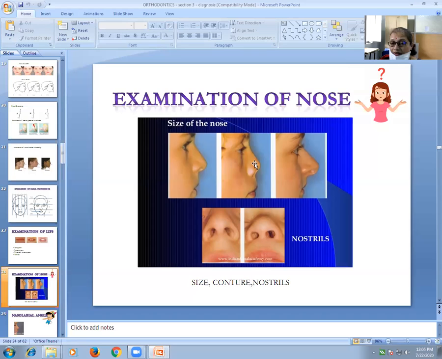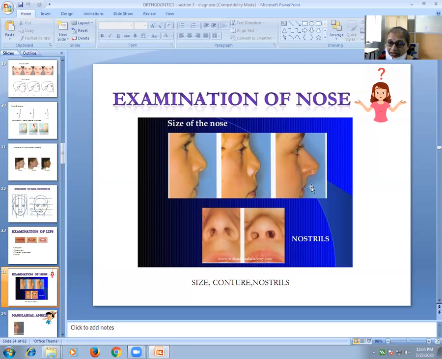It is very important when you have a long nose. There you will mostly have a short upper lip. If you have a longer nose and a short upper lip like this, you will have to be more concerned about the appearance of the nose after your orthodontic treatment.